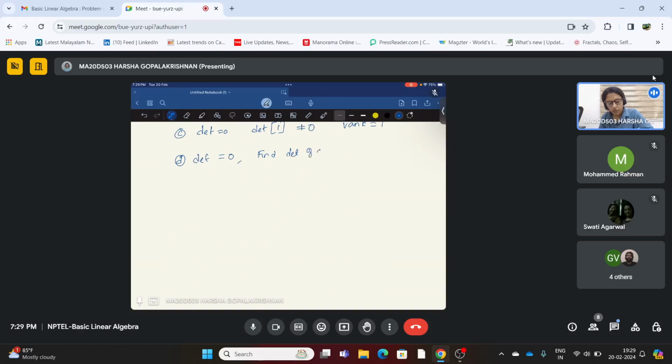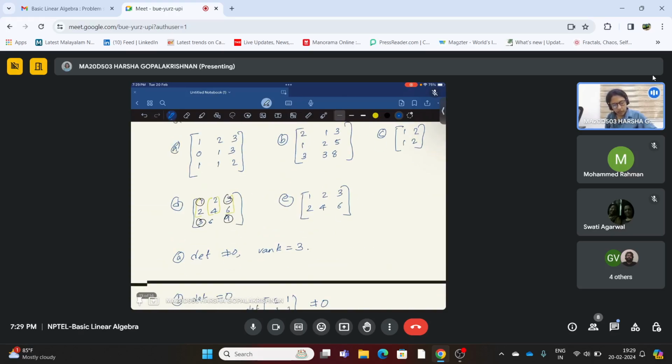Find determinant of all 2 by 2 subsquare matrix. They are 0. Okay, then only we should go to the third level, that is matrix of order 1. So rank equal to 1.